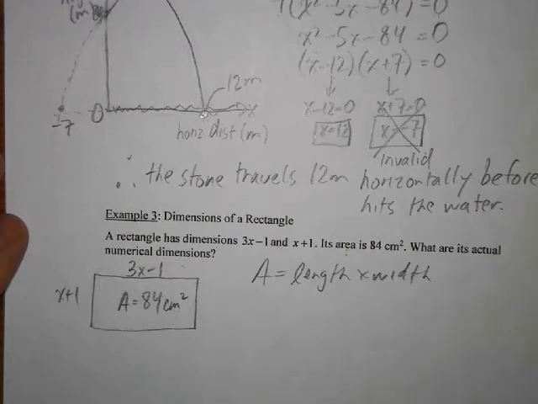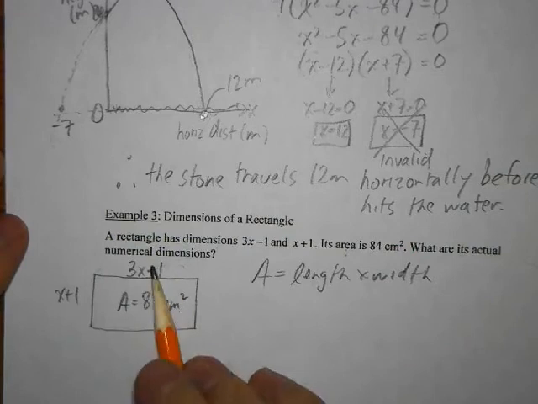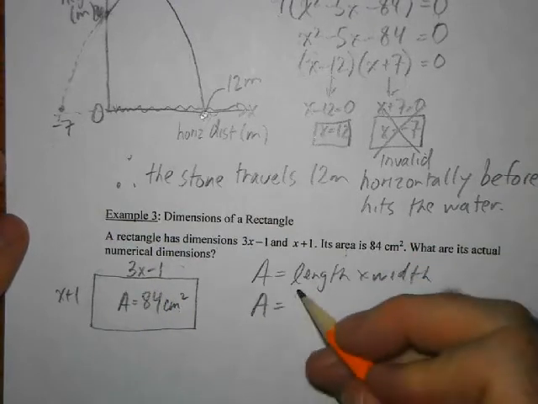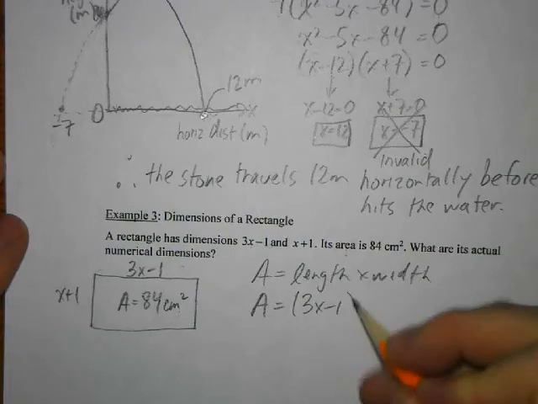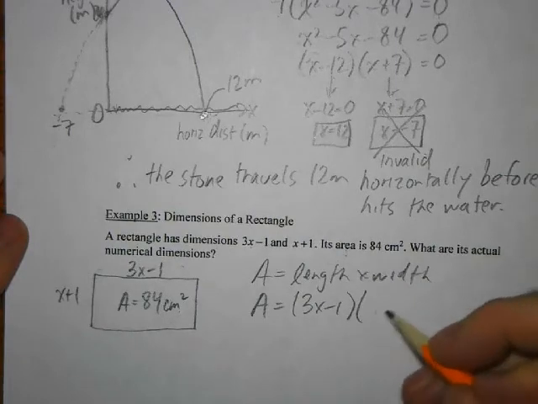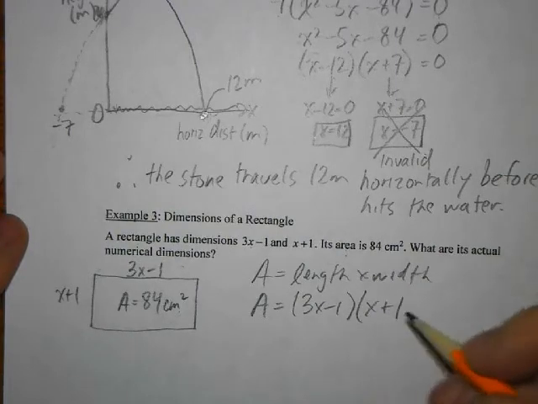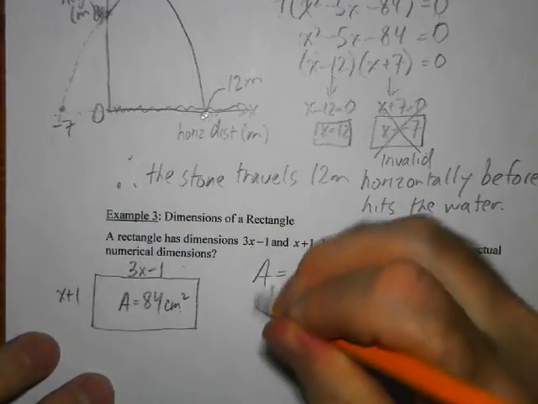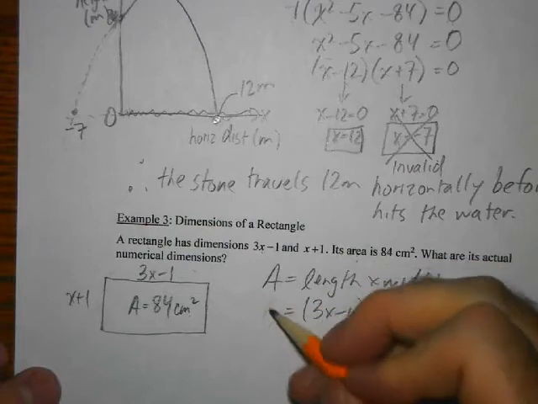Do we know what the length and width are? Well, between these two, one's a length, one's a width. So I'm going to update my formula. I've got a 3x minus 1 for one of them, and I multiply that with an x plus 1. Oh, and by the way, I know the area, so let's put that in instead of A.